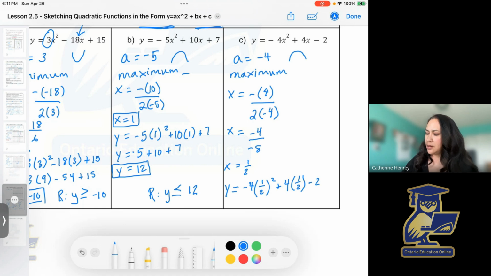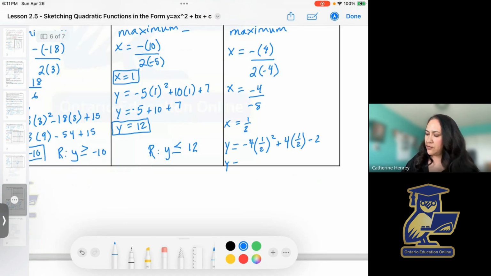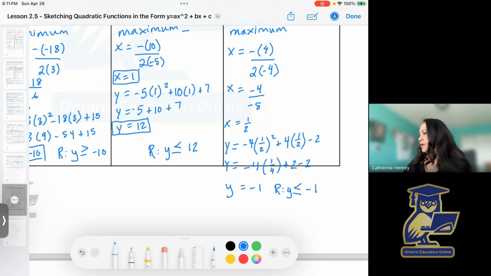Y equals -4 times 1/4 plus 2 minus 2. And y here equals -1. So because it's a maximum, our range in this situation is going to be y less than or equal to -1. And there you go.